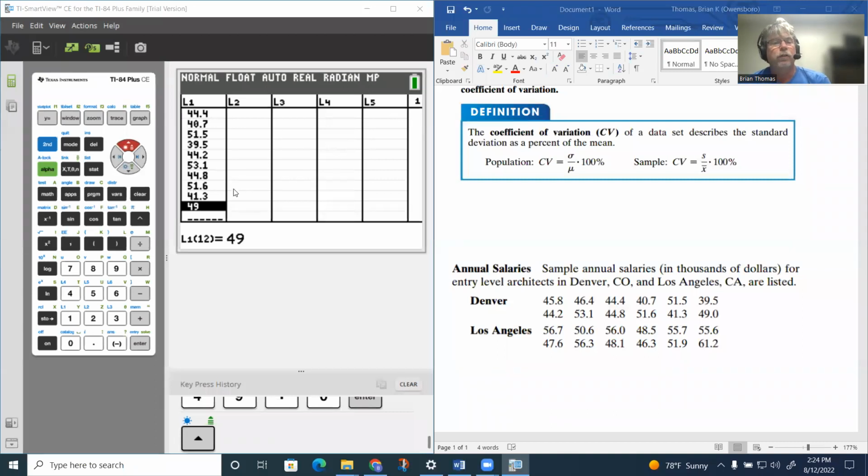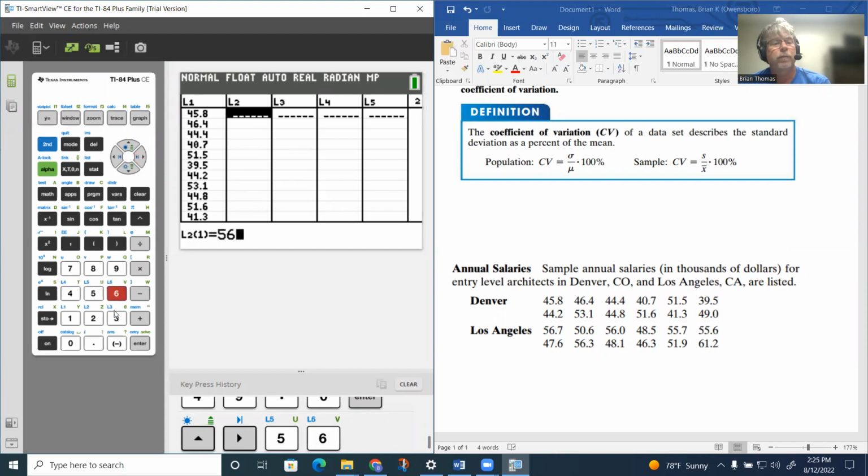So I've got list 1 completed. Now I'm going to use my right arrow and come over to list 2, and start putting that data in. 56.7, enter, 50.6. You can also use the down arrow to move down if you've been doing that. 56.0.